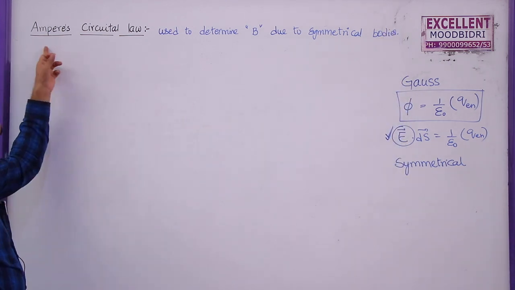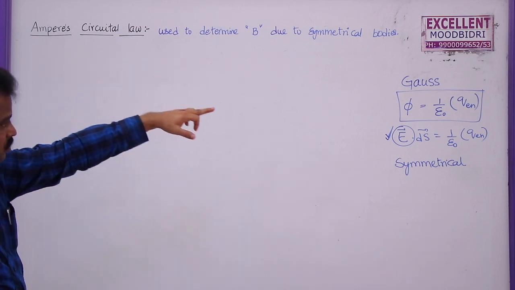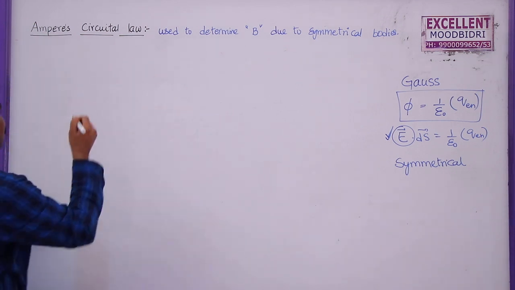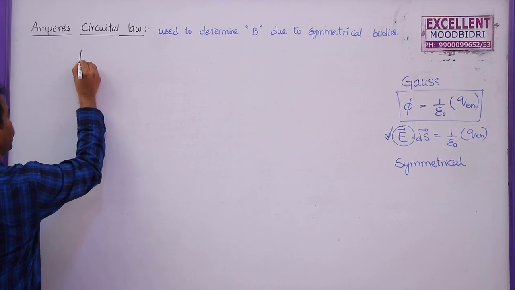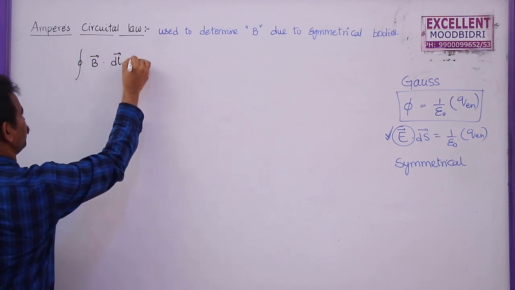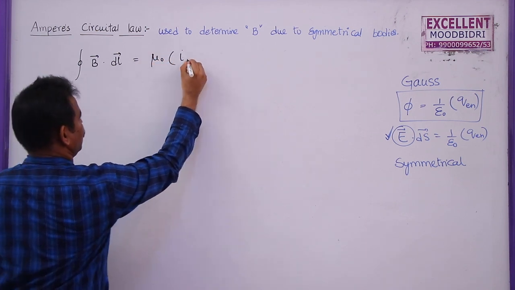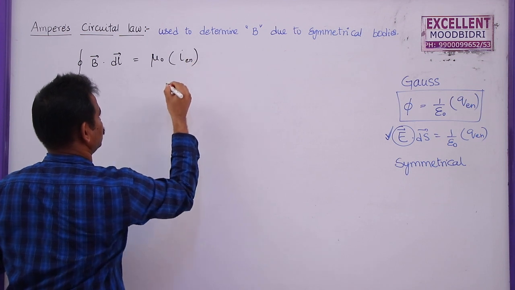So what is the statement of this law? Similar to Gauss law, here the line integral of the magnetic field over a closed loop is equal to mu naught times the current enclosed by that closed loop.